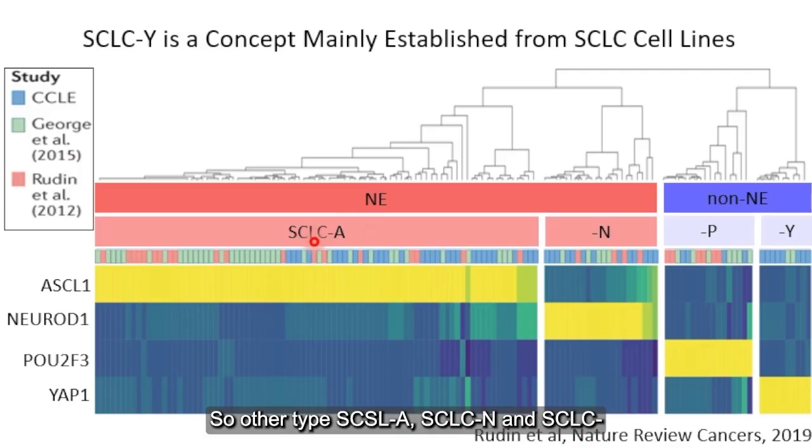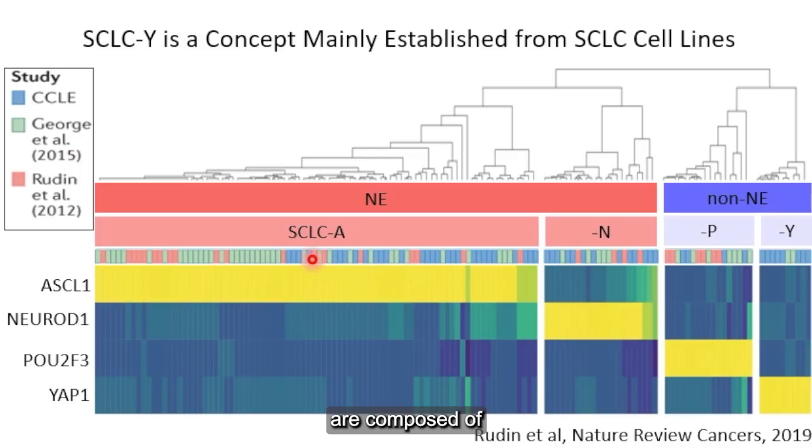But the other types, SCLC-A, SCLC-N, and SCLC-P, are composed of primary SCLC and SCLC cell lines. So SCLC-Y, YAP1 positive SCLC, is a concept mainly established from SCLC cell lines.